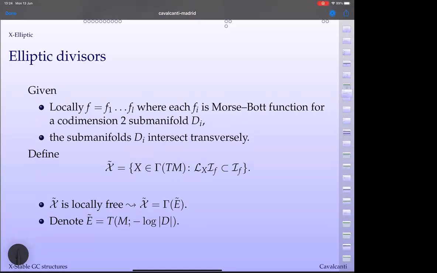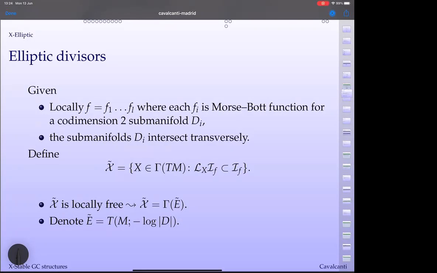The idea is that you should be looking at things that are locally generated. So you pick a collection of Morse-Bott functions for codimension 2 submanifolds, you multiply them together, and the condition I have on these codimension 2 submanifolds is that they should look like an intersection of complex manifolds. So they should intersect themselves transversely again. So that F1 up to FL should look like norm of Z squared.